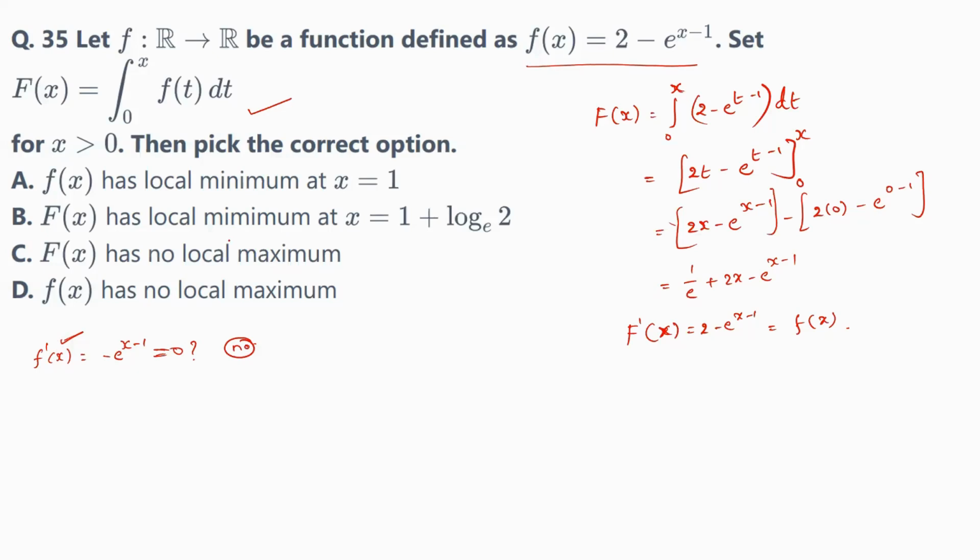F of x has a local minimum at x equal to 1 plus log 2 base e. How do we do that? We see f dash x. What is f dash x? It is simply f of x, that is equal to 0.